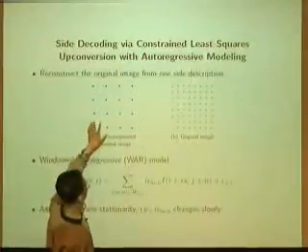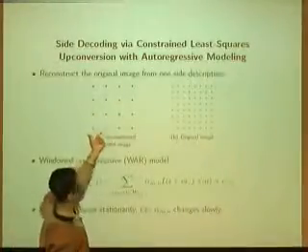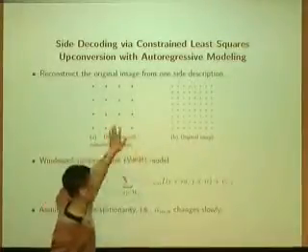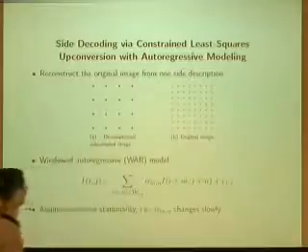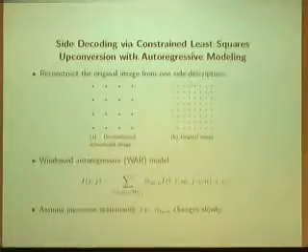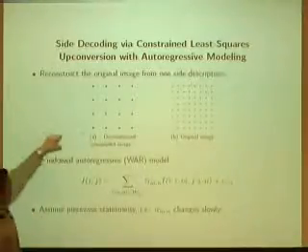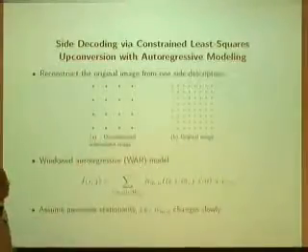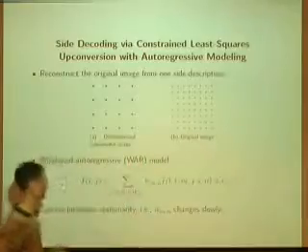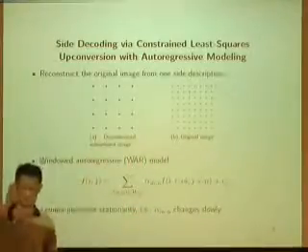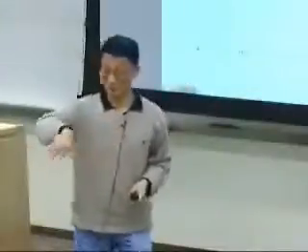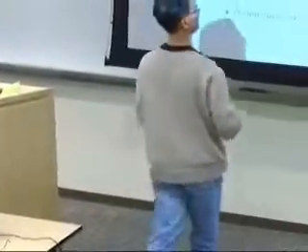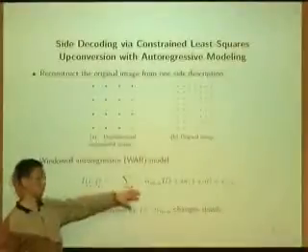Okay, and so let's look at a one-side description. If we get only 1/4 of the samples like this, then this is the reconstruction problem. And to achieve this, we apply a so-called windowed autoregressive model, or WAR model. So in other words, we assume the image is piecewise stationary. So in a small window, we can apply this autoregressive model.